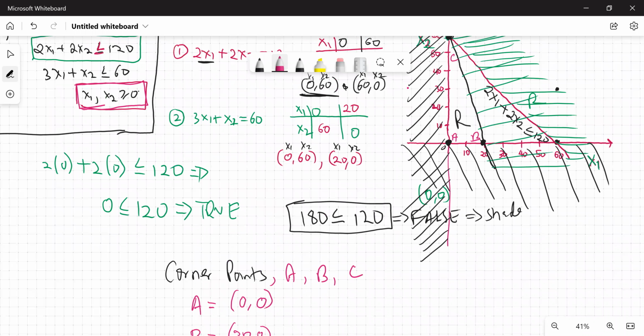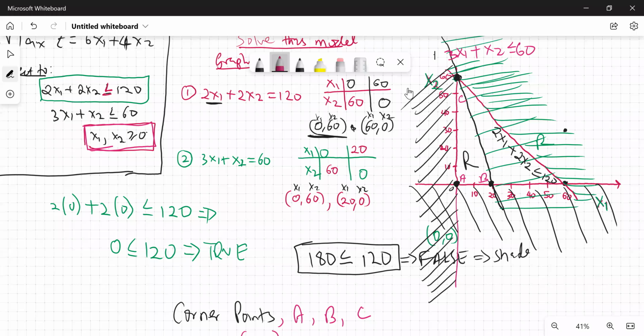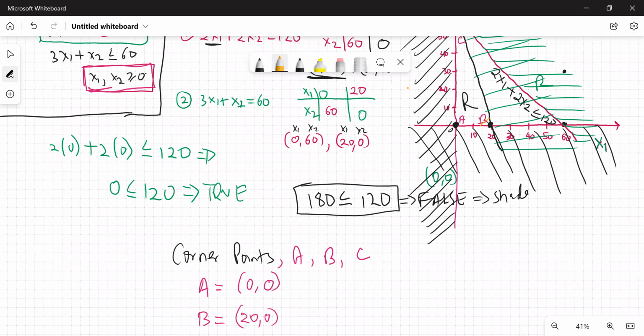So maybe before we go there, this is what we call the feasible region. The part I'm calling R is what you're calling the feasible region.